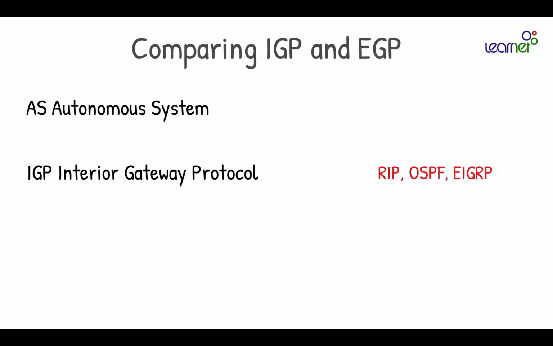On the other hand, EGPs are used for routing between different autonomous systems. The most widely used EGP today is BGP, or Border Gateway Protocol, which is the routing protocol for the internet. BGP ensures that data can travel efficiently between organizations or networks, or basically between different AS. And it is essential for global internet connectivity, as I mentioned.